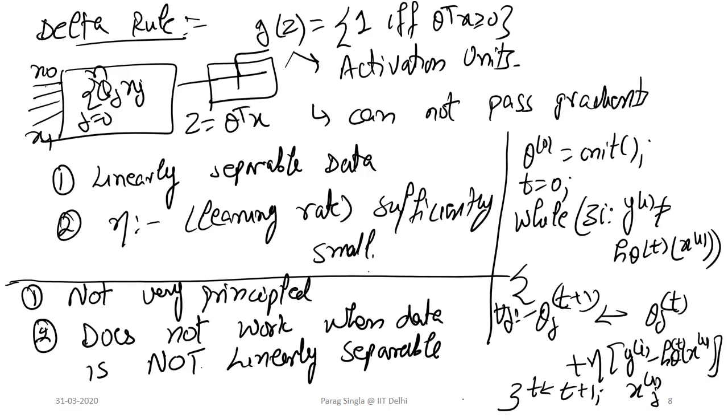That's essentially it. Then t goes to t plus 1, and that's it. So this is your delta rule.